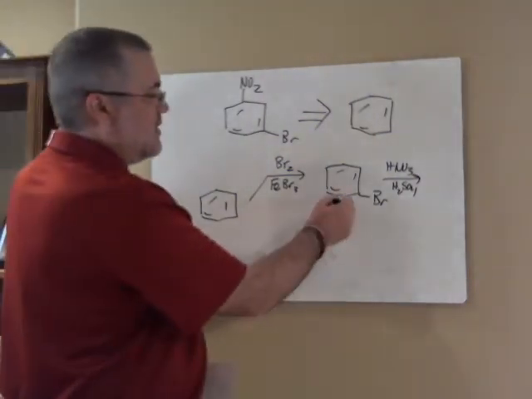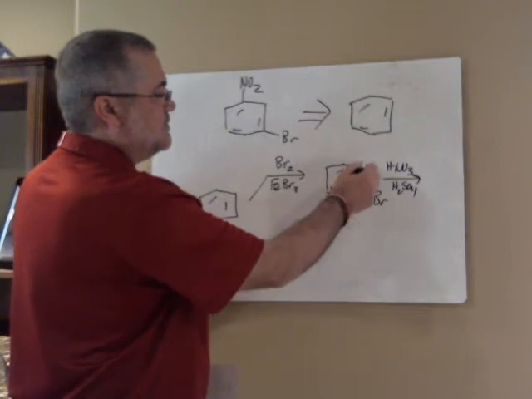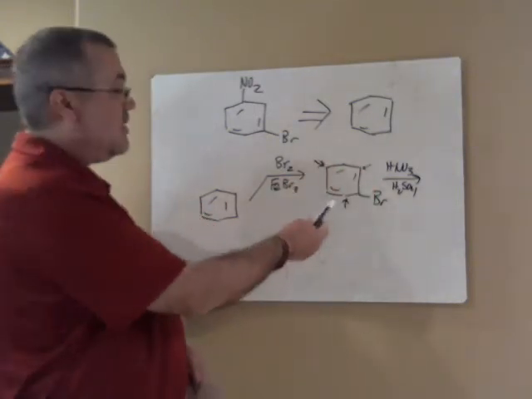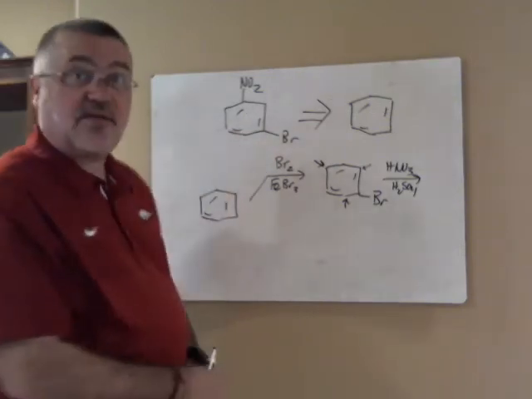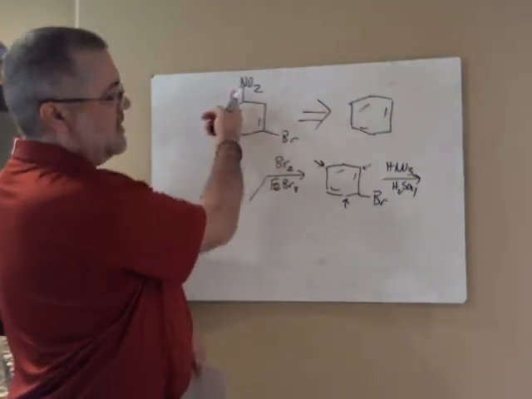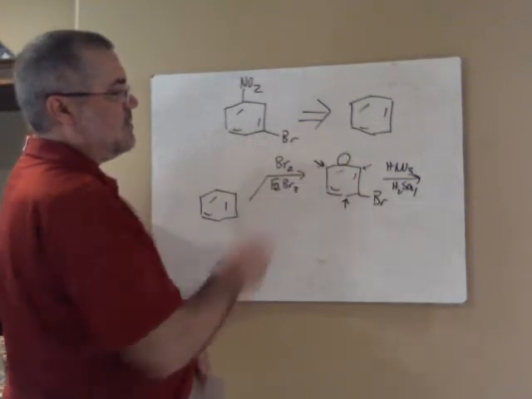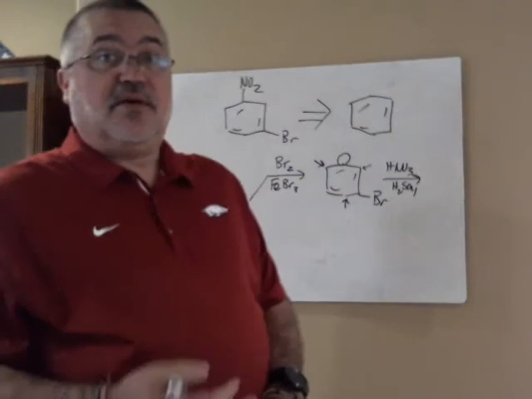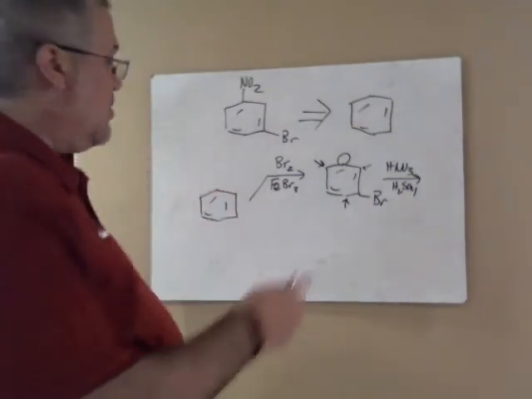It would direct it ortho and para to that bromine. Would that lead to the proper product? No, because the nitro group is meta. It's in this position. So I can't add the bromine first synthetically. It would not lead to the proper product.